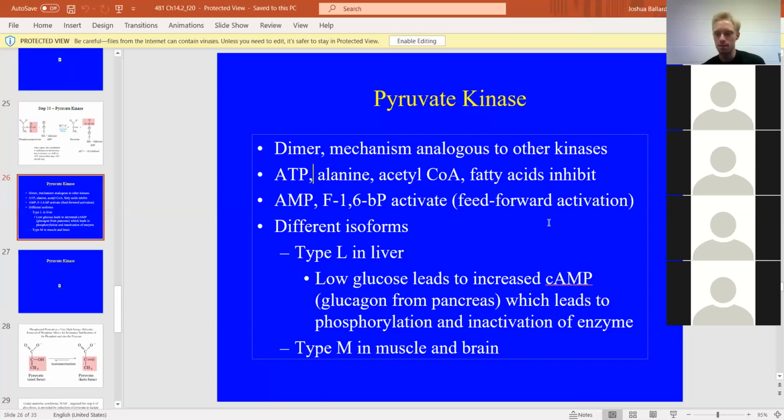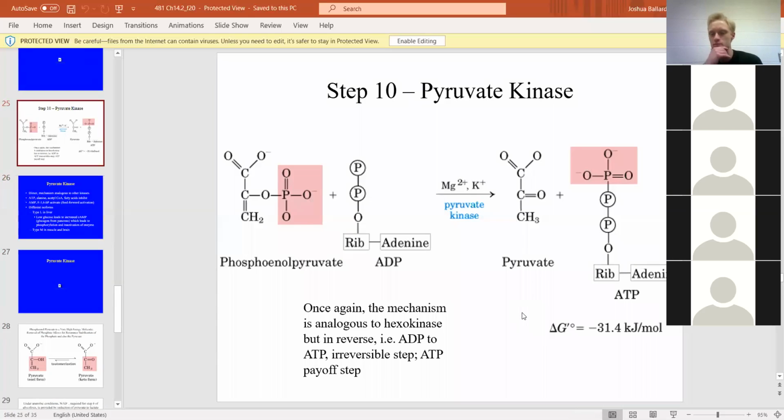Josh, just a question. Yeah. So basically steps 1, 3, 7, and 10 are basically the exact same thing, just some are going forward and some are going backward. Yeah, exactly. Steps 1, 3, 7, 10.